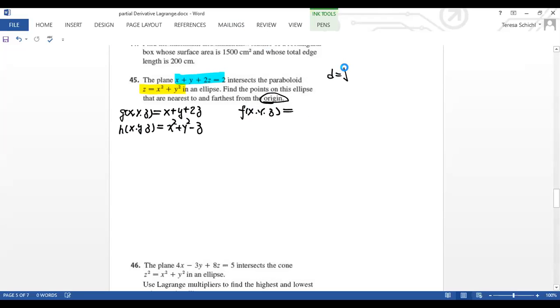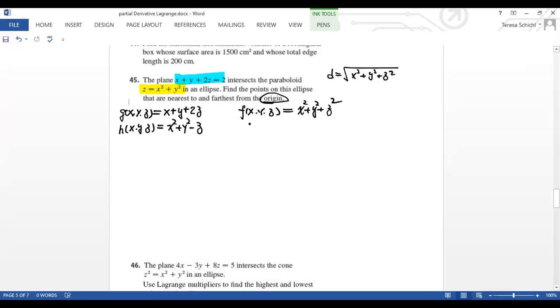The distance formula gives x squared plus y squared plus z squared. To find the nearest and farthest, we find the extrema, so we can just use the squares. This will be my objective function.